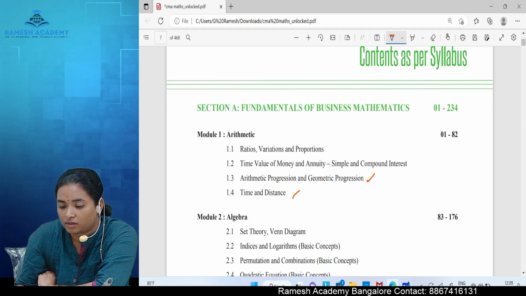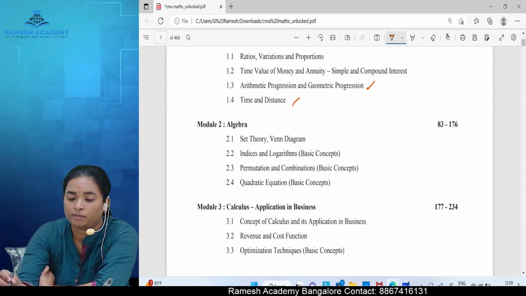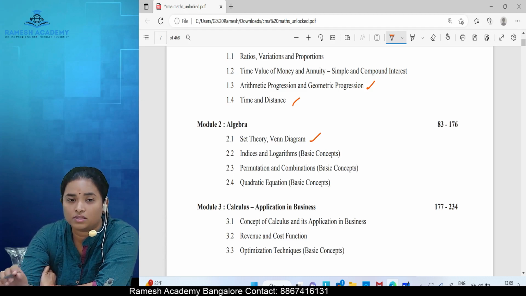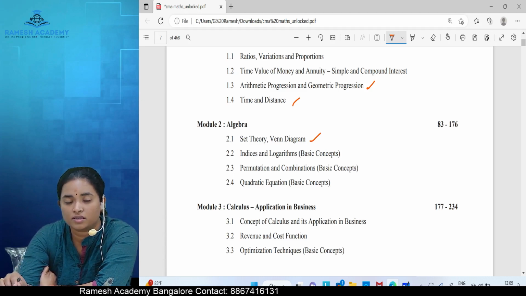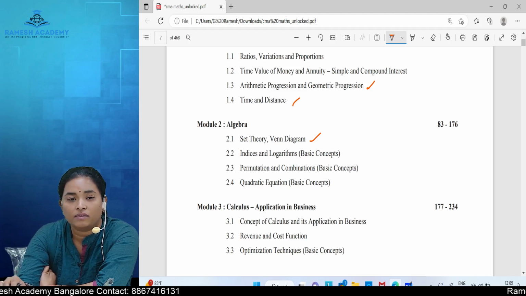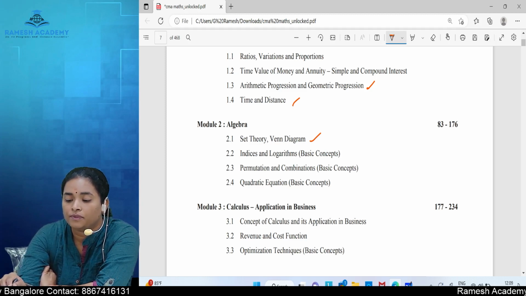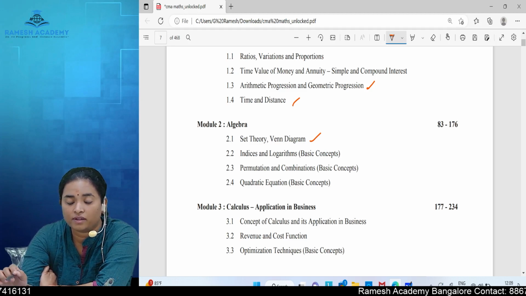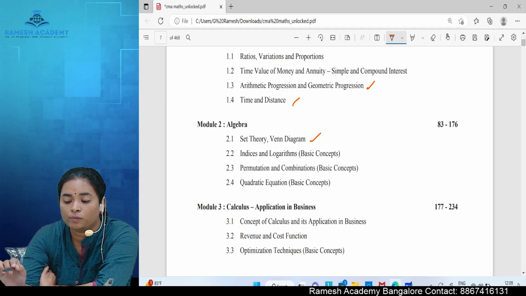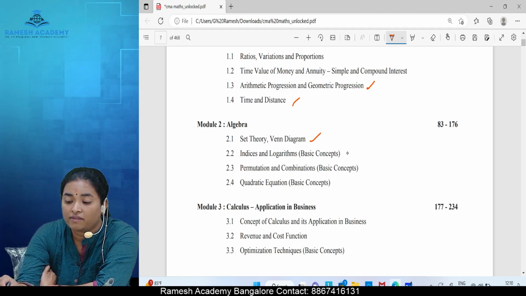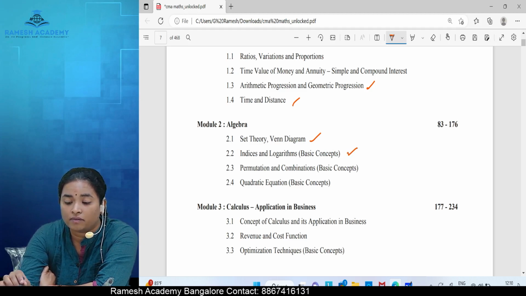Next we have algebra. In the algebra part we will be talking about set theory. The basic concepts of set theory are necessary for you to answer a few questions in MCQs, and Venn diagram related questions: given a Venn diagram where a few data are given, you have to say A union B, B union A, and so on. Then we have indices and logarithms.